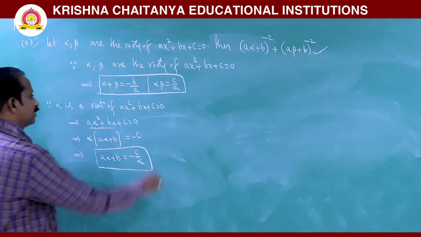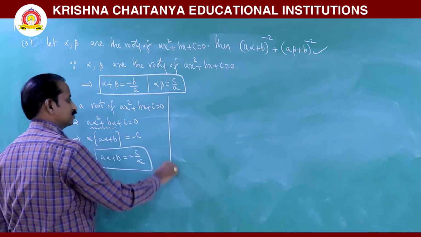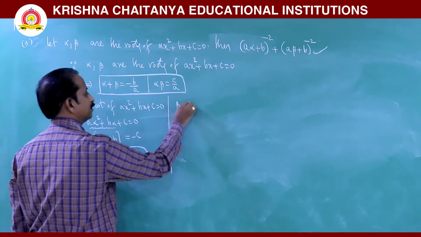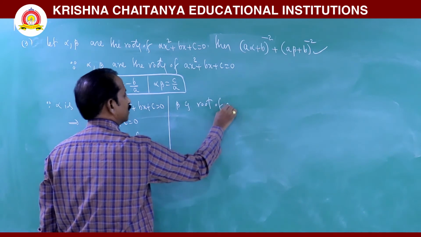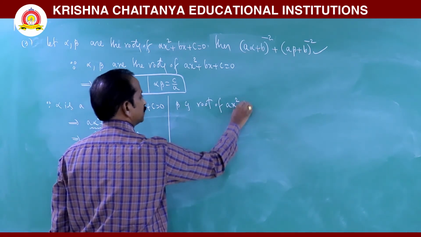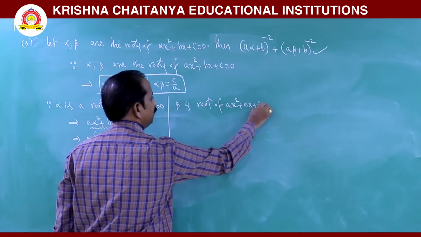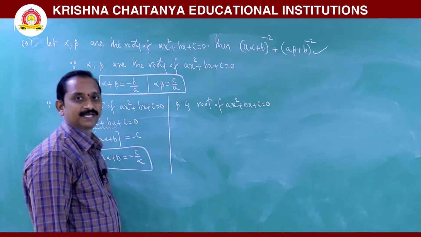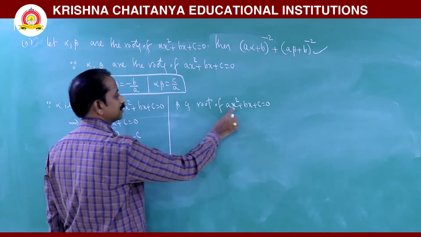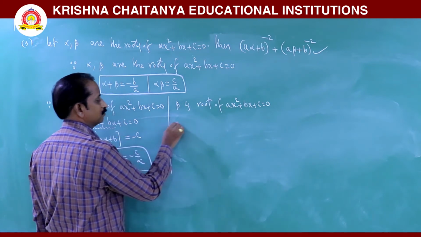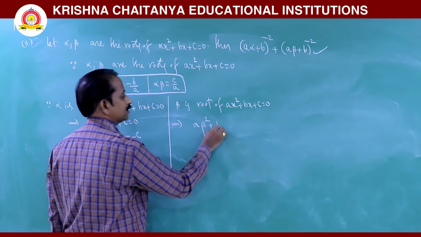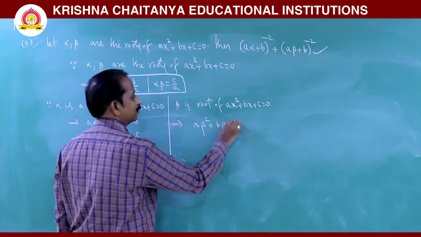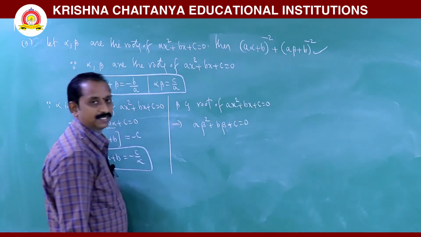Now, similarly, beta is also a root of the quadratic equation ax square plus bx plus c is equal to 0. If it is a root, it satisfies the equation, which means replace x by beta. So what we get is a times beta square plus b times beta plus c is equal to 0.